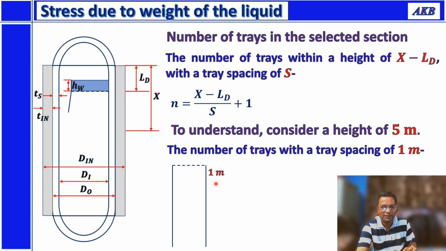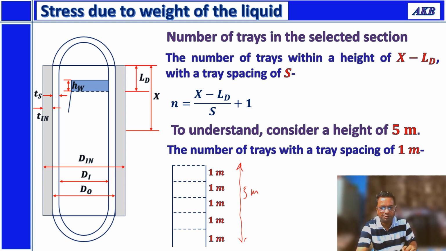Next tray will be placed at a distance of 1 meter since tray spacing is 1 meter. Next tray after a tray spacing of 1 meter. Similarly with tray spacing of 1 meter, you'll be having number of trays that covers the entire distance. Now you have 1 meter plus 1 meter plus 1 meter plus 1 meter plus 1 meter. This entire height now comes out to be 5 meter.